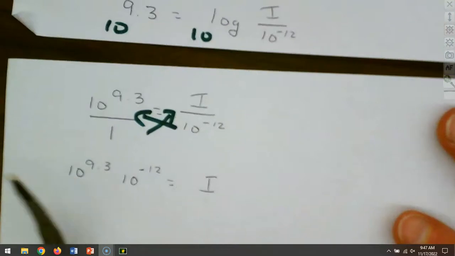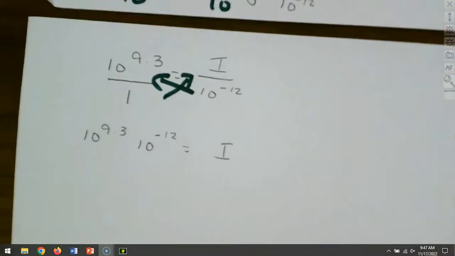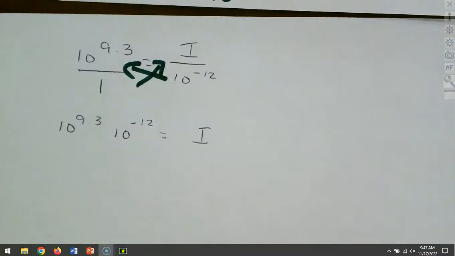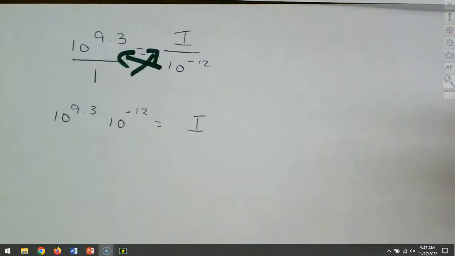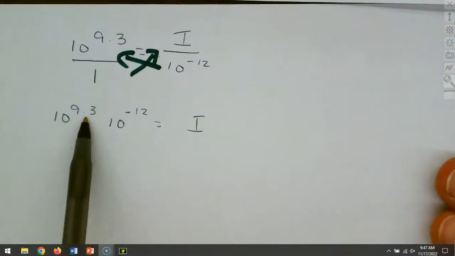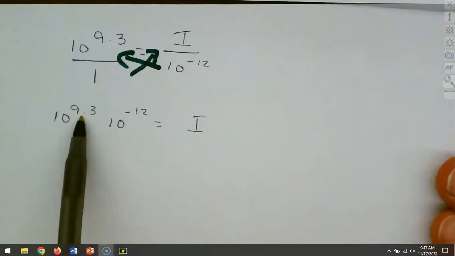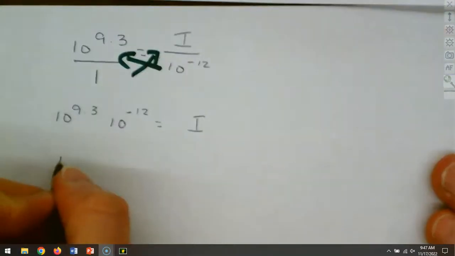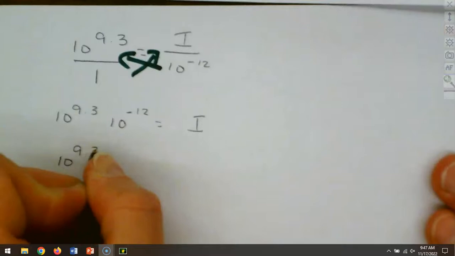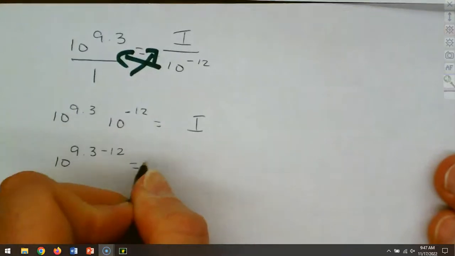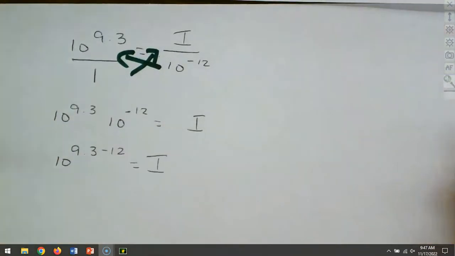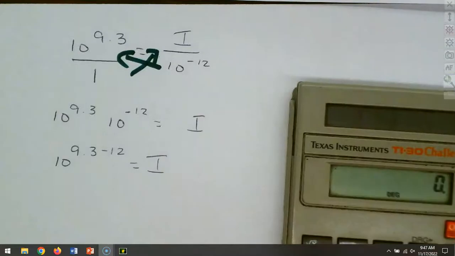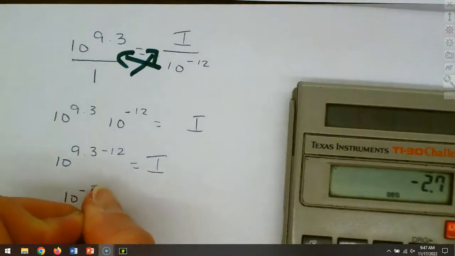And if the bases are the same, then we can combine the exponents. So remember, in exponents, if the bases are the same, multiplication of these becomes addition. So that becomes 10 to the 9.3 minus 12 equals our I. And 9.3 minus 12 comes out to be a minus 2.7.